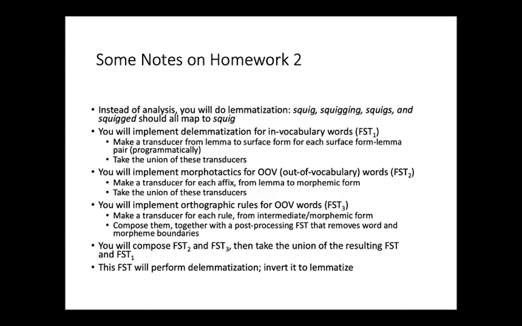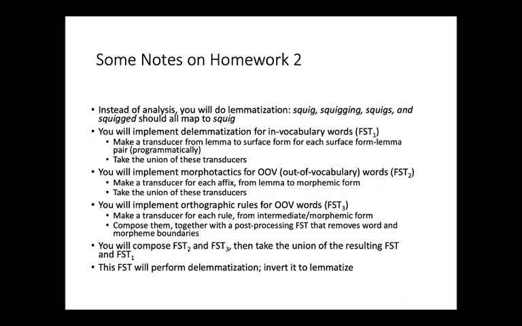And then you'll take the union, and you'll do that programmatically because there are like 10,000 items. So you're not going to do it by hand. You're going to write a program to do this. And you're going to take the union of all of these transducers, and you'll get one big transducer for the known vocabulary items. So that's taken care of.